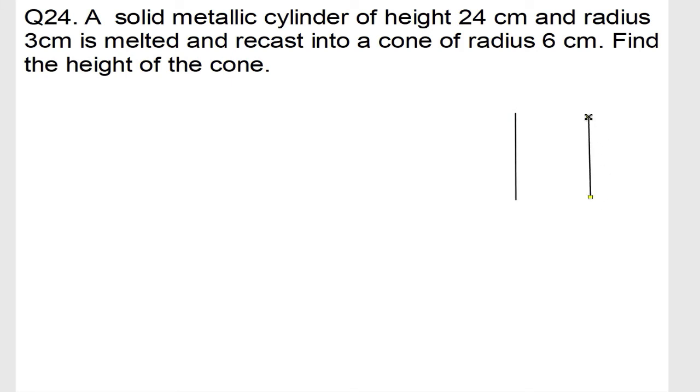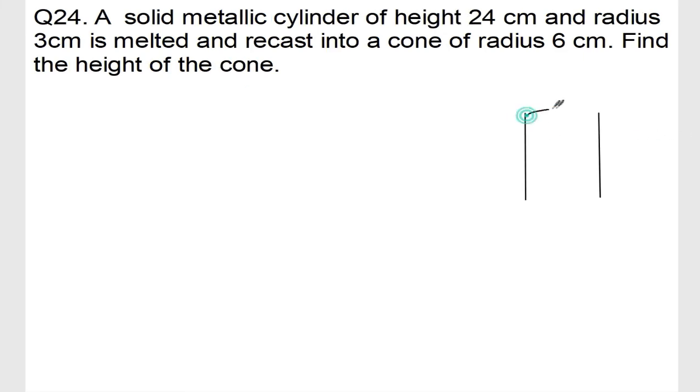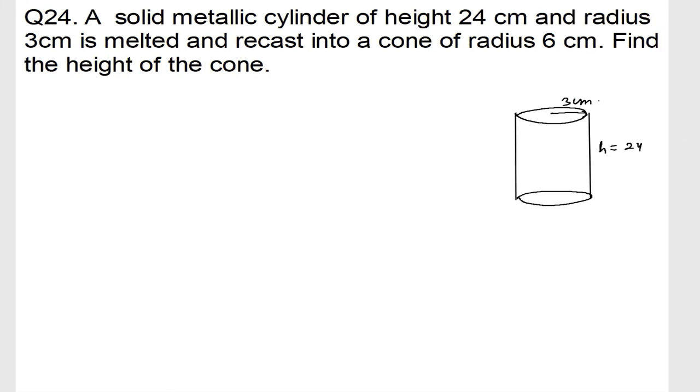Metallic cylinder of height, so let me draw, this is a cylinder, and the height of this cylinder is h is equal to 24 and radius is 3 centimeter and recast into a cone. Now this cylinder, what they are doing is they are making into a cone.